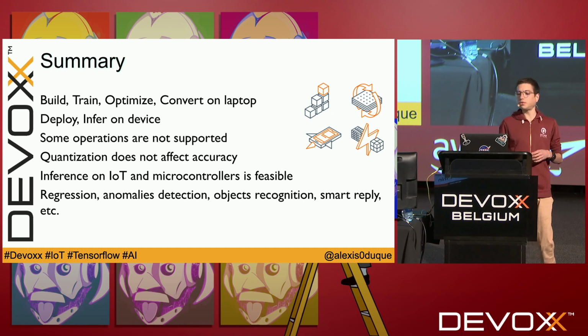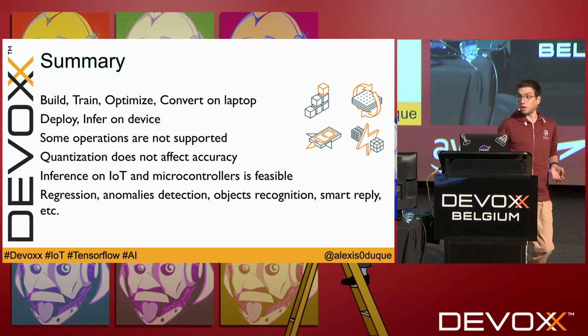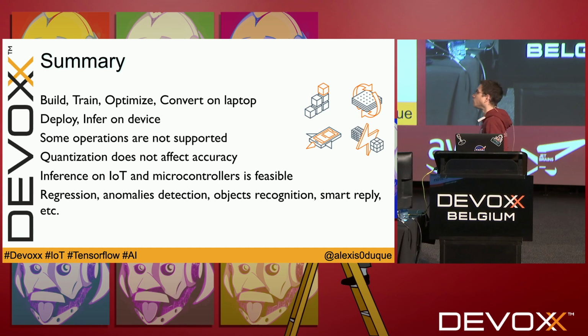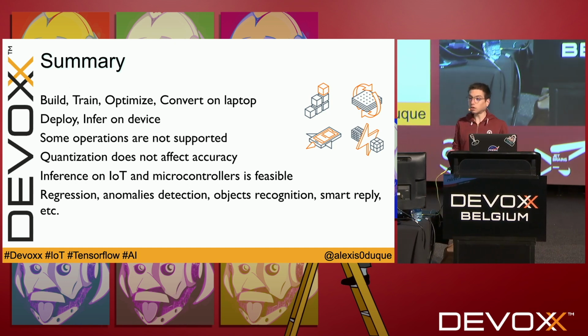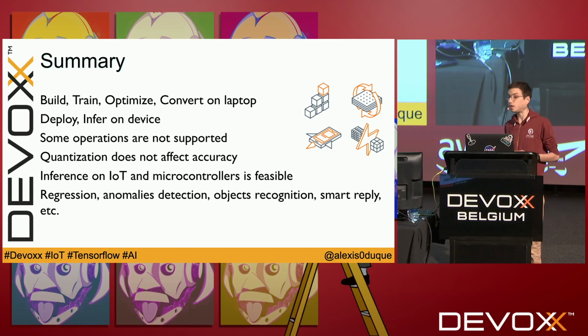So to summarize briefly what we saw and what I hope you have learned today. We saw how to build, train, optimize, and convert a very simple model on your laptop. Then to deploy it and do inference on your device. We saw that some operations are not supported by TensorFlow Lite, that quantization reduces the model size and the computation time but does not affect accuracy.